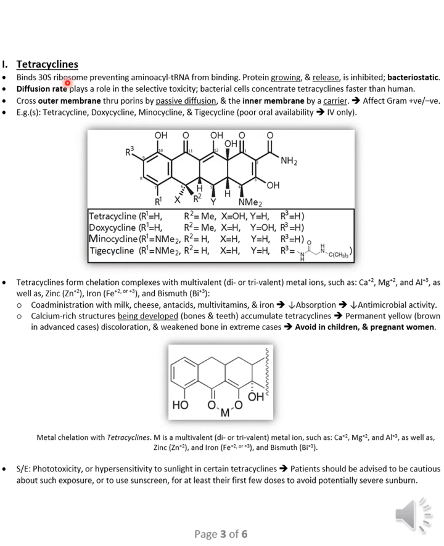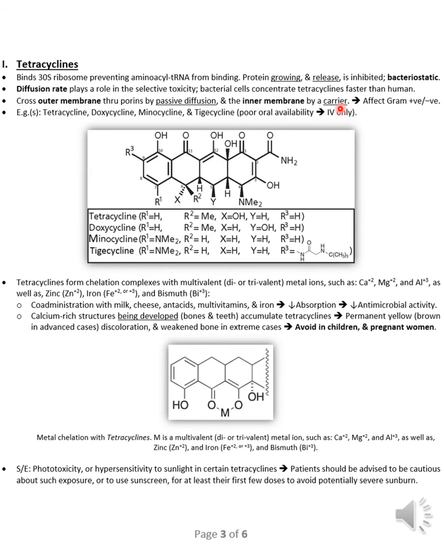A factor that plays a role in the selective toxicity in the case of the tetracyclines is that the diffusion rate for the bacteria is much faster and higher than in human. And the tetracycline will pass through the outer membrane through the porins through a passive diffusion, and it will pass through the inner membrane by a carrier protein.